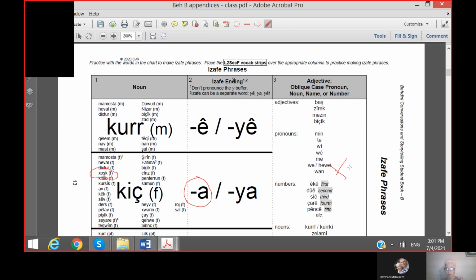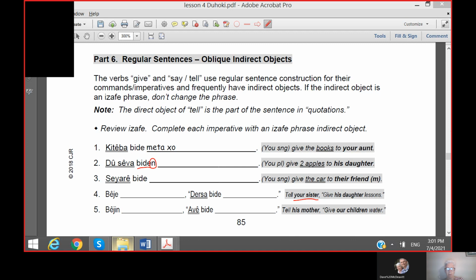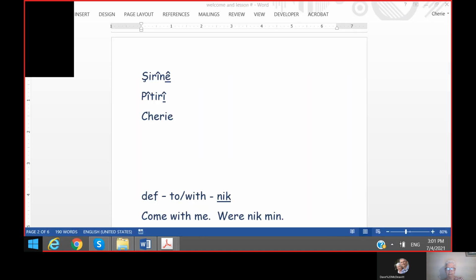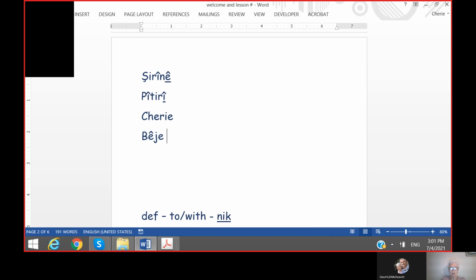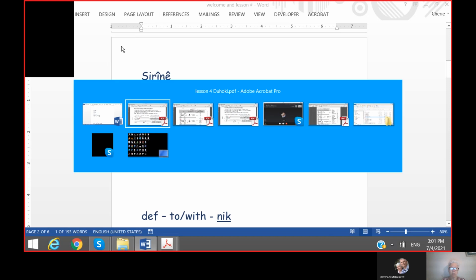Oh, sorry. It didn't work out very well. Beja hoshka ho. Let me write it here. Beja hoshka ho. You have to use the reflexive pronoun because you tell your sister. Those are the same people.